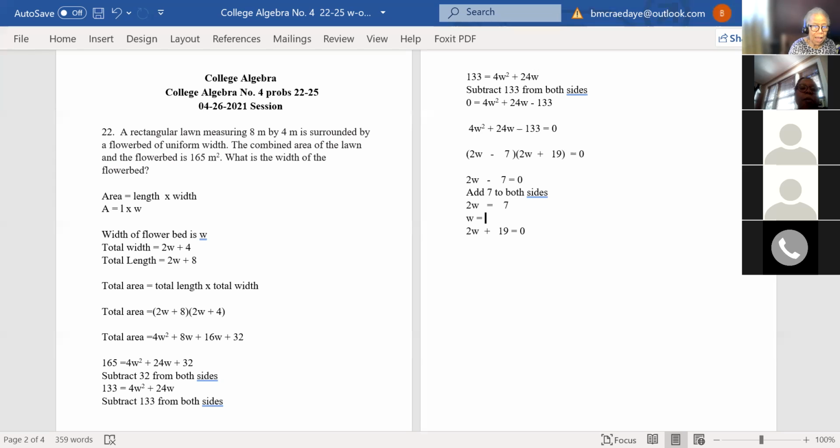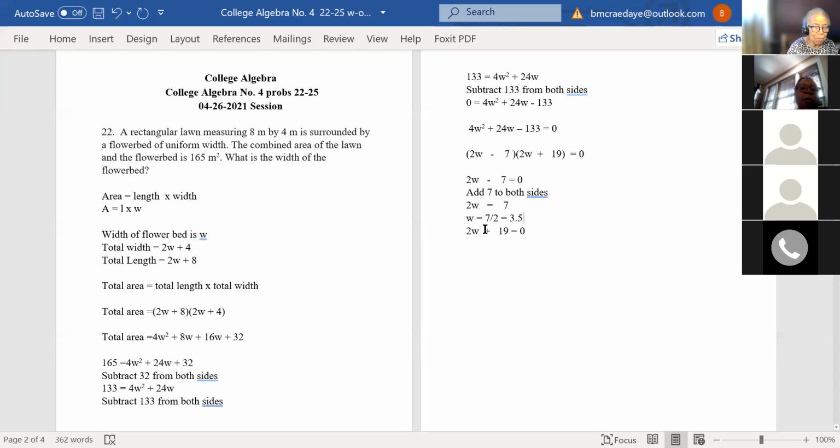No, we're doing algebra. If 2W is equal to 7, W is going to be 7 divided by 2, or 7 halves, which is 3.5. Now, what about this equation?